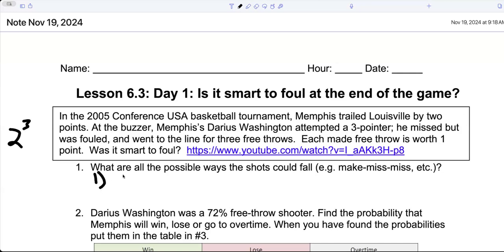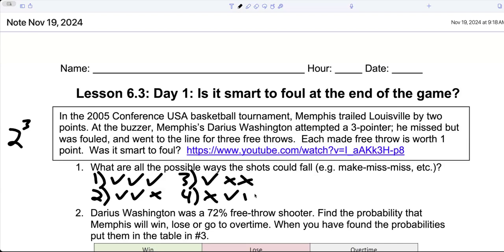So he could do make, make, make. Or he could do make, make, miss. And number 3, he could do make, miss, make. Or he could miss and make the next 2.